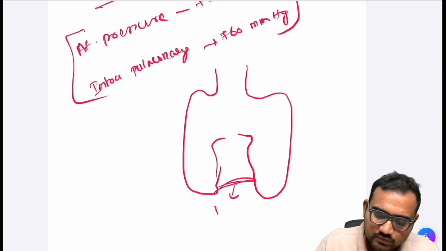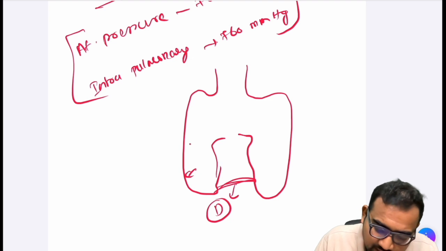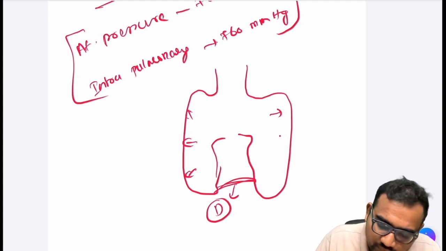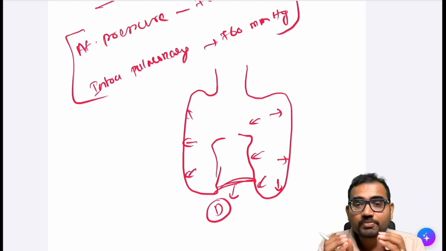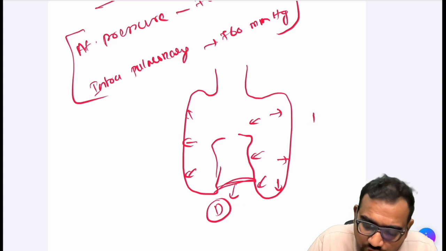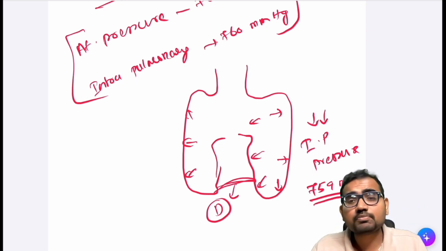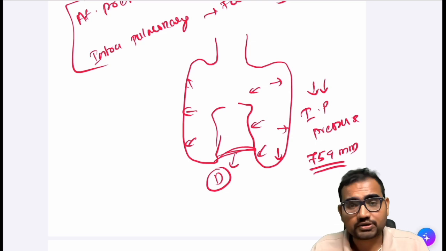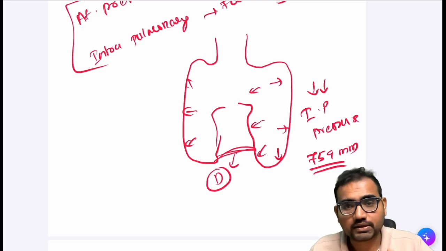It contracts, so the pulmonary volume, the intrapulmonary volume, the lung volume, increases and expands. Because of the expansion, there is a drop in the intrapulmonary pressure. It drops by 1 mm, to 759 mm. As I told you, air moves from higher pressure to lower pressure. Inside the lungs it is now lower pressure, so air is going to come inside the lungs.